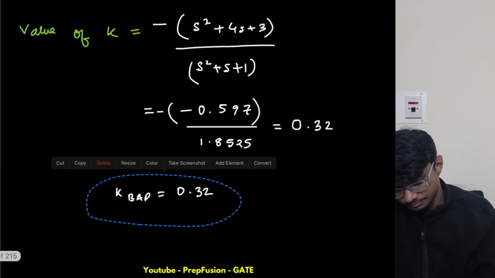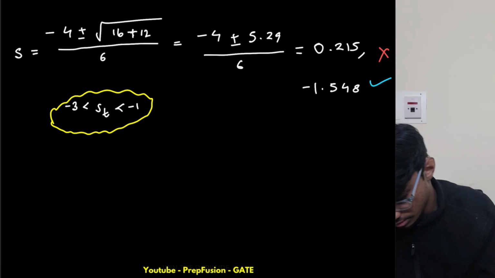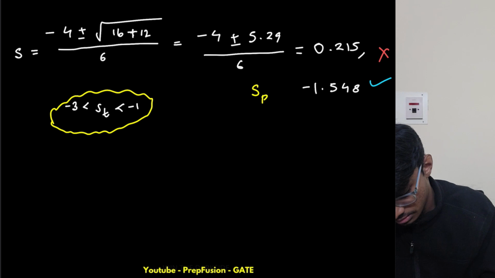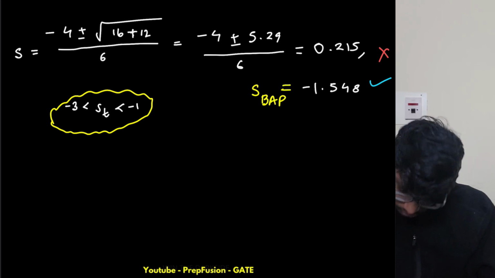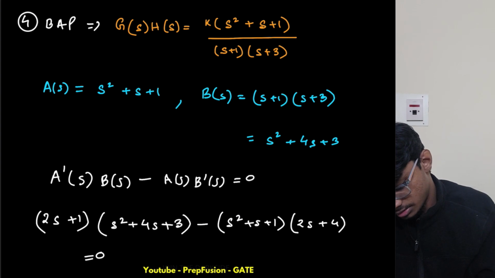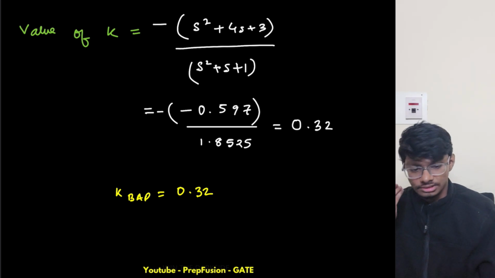And write this in color. And this is my s breakaway point. So these are the two points. These need basically a bit of time.